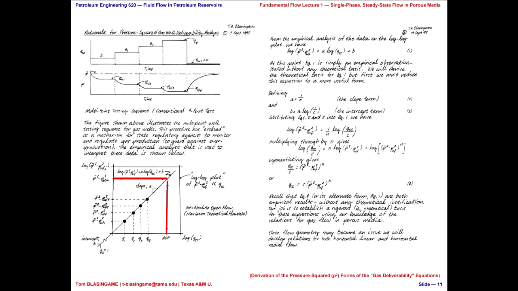Let's say that you own a well and you run a 4-point test and you get an absolute open flow of 30 million cubic feet a day. Ricardo next to you runs one and he gets an absolute open flow of 3 million a day. Okay? Ricardo is not going to be very happy with you because you're actually stealing his gas.